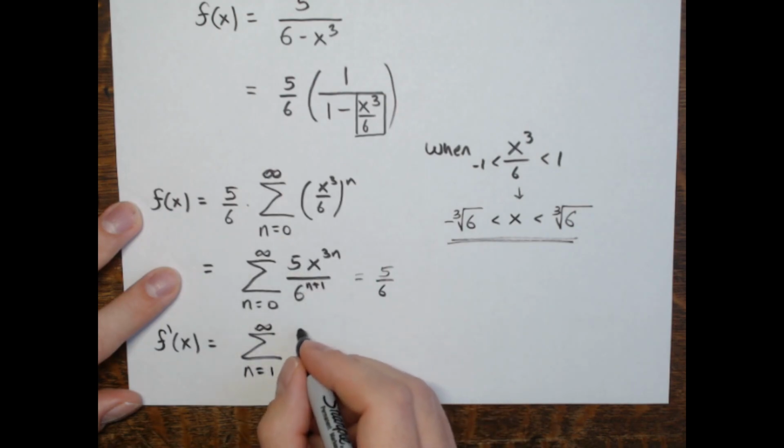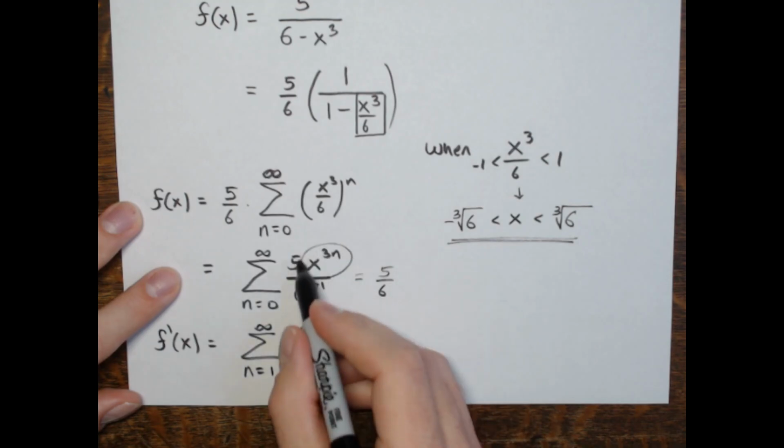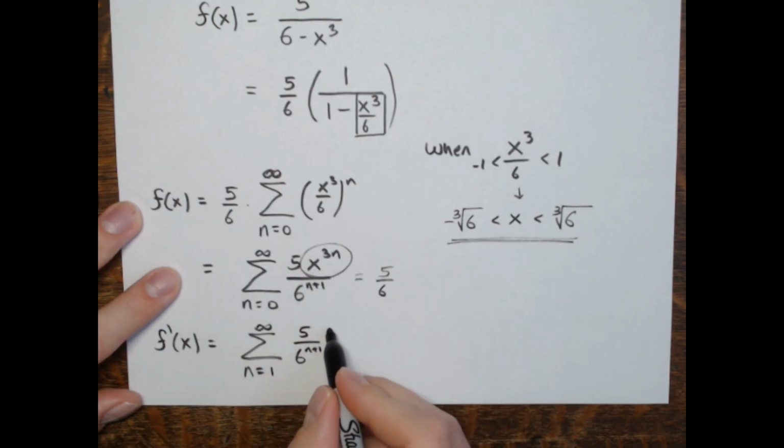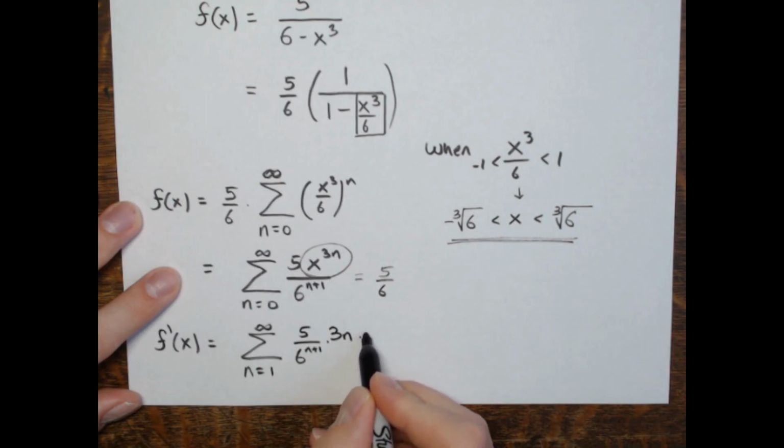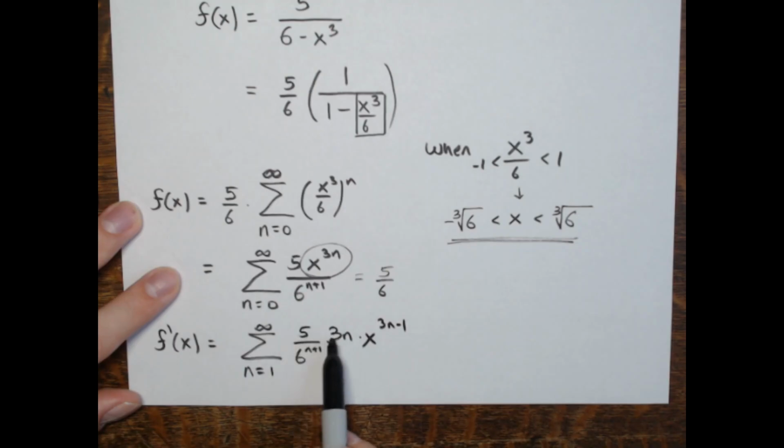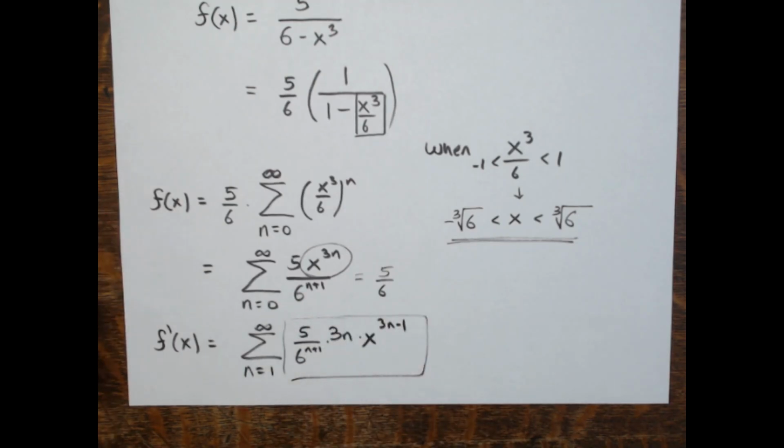And it would just be 5 over 6 to the n plus 1, and then you're differentiating this power of x, right? Times 3n times x to the 3n minus 1 power. And if you want, 3n times 5 is 15n. So I'll put in 15n in the numerator.